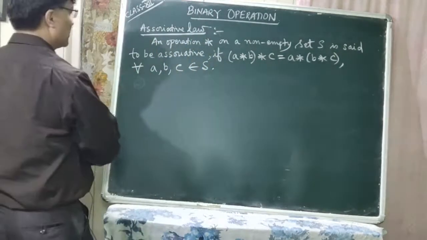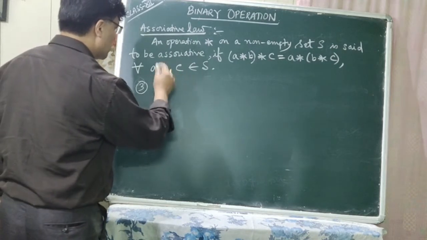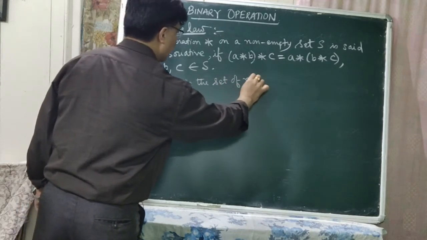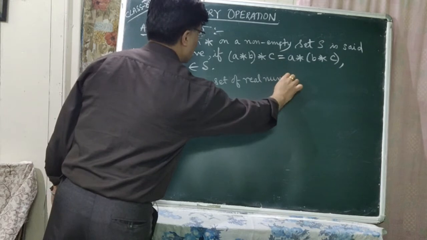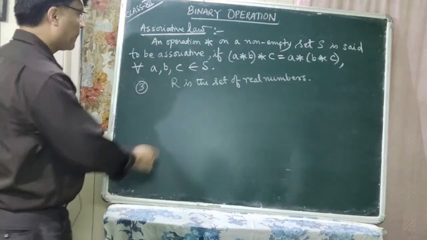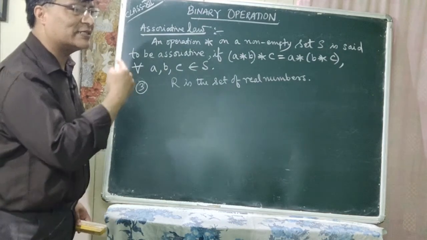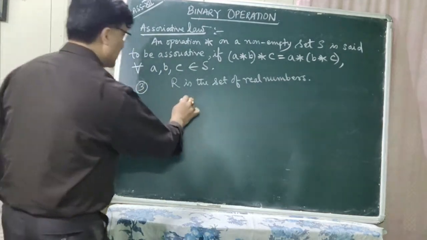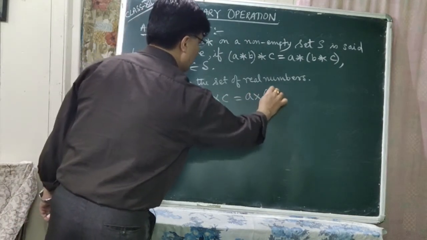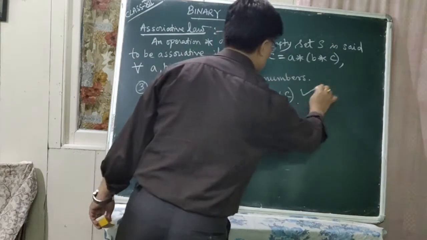So next, example number 3. Suppose R is the set of real numbers. Can you say that the multiplication operation is associative? Can you say that (A into B) into C is equal to A into (B into C)? Yes, this is correct.